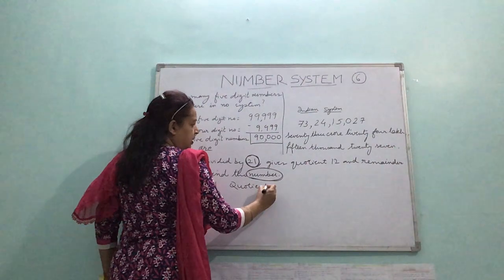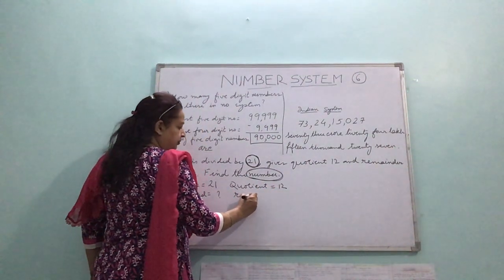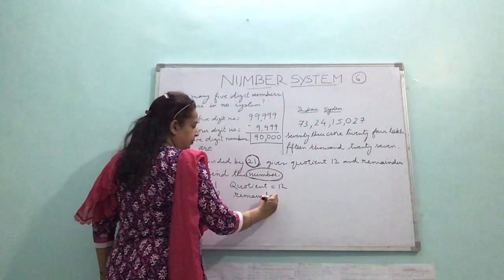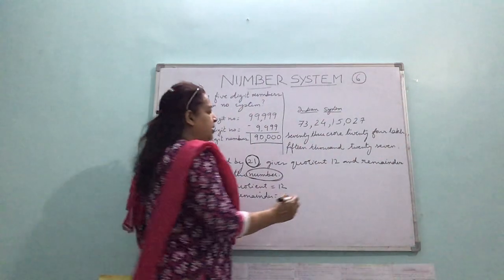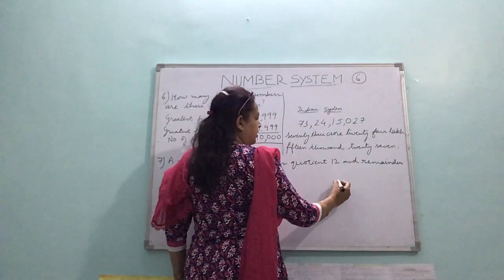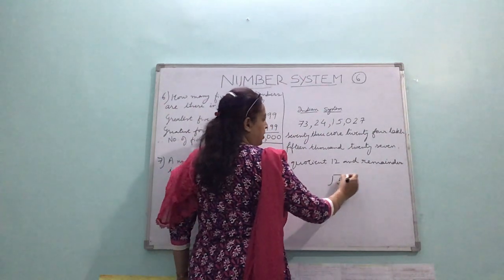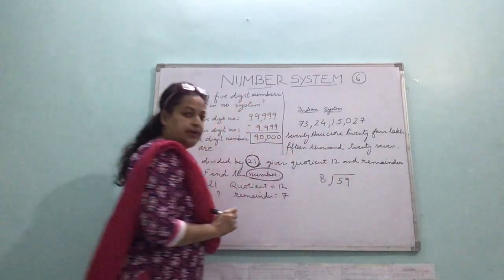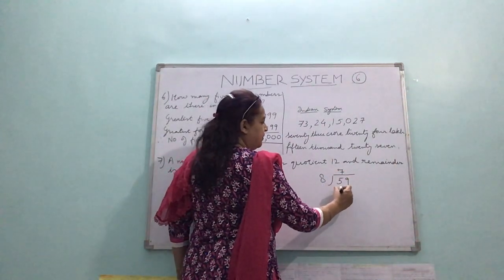Quotient is 12 and remainder is 7. Well, I'll take some example here. Suppose 59 is divided by 8. Right? 8 7 times is 56.